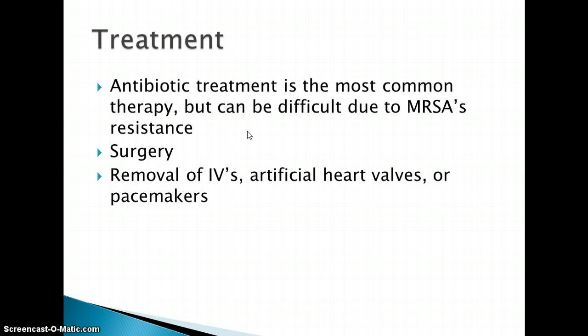Normally, a combination of different antibiotics are used to treat the infection. If that doesn't work, sometimes surgery is recommended. Sometimes the removal of IVs, artificial heart valves, or pacemakers may be necessary because bacteria tends to harbor in some of those places.